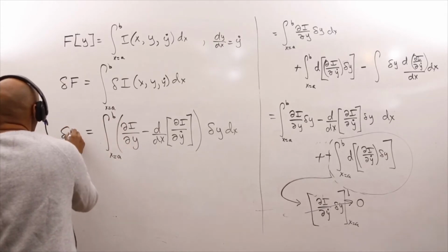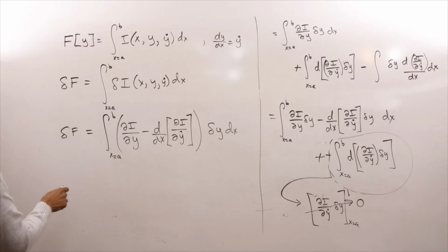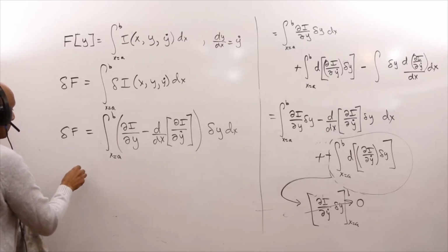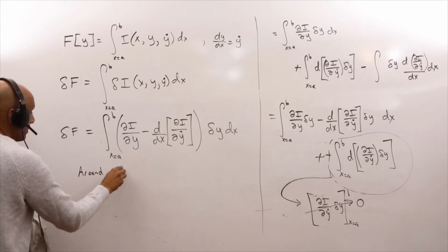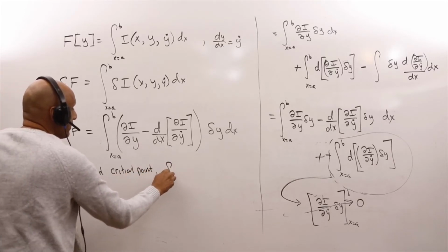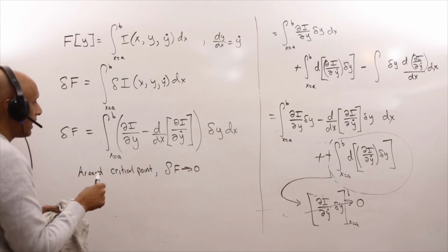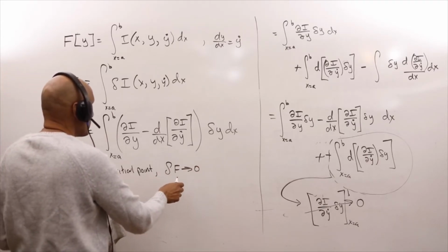So this is the variation of f. And the idea is that around a critical point, we expect that the variation in f approaches 0. It doesn't vary a lot. That's the assumption. Around critical points, the variation of f approaches 0.